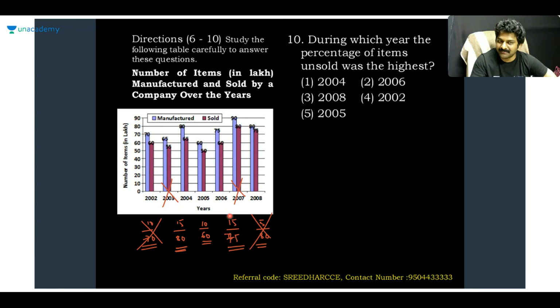Numerators are same, denominators are different. If denominator is less, value will be more. 10 out of 60 is 1/6, which is 16 2/3%. 15 out of 75 is equal to 20%. 15 by 75 is the final answer, which is 2006. 2006, second option, final answer.